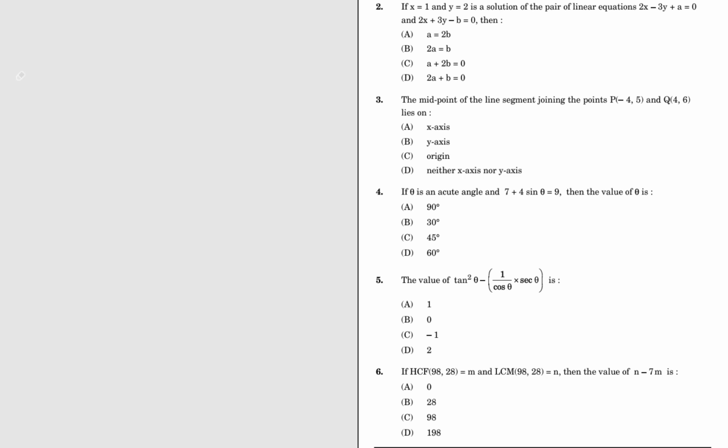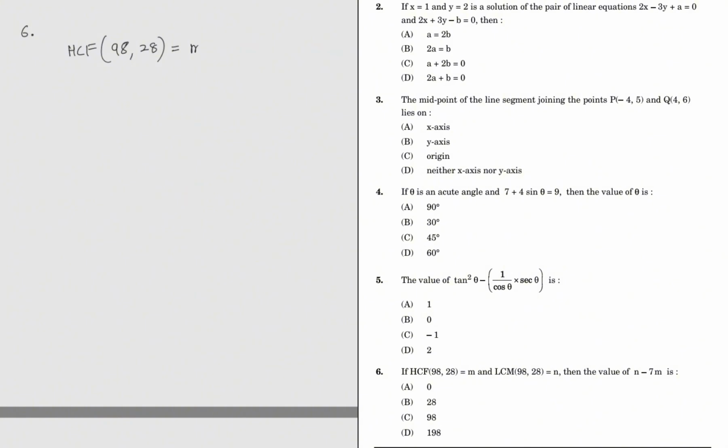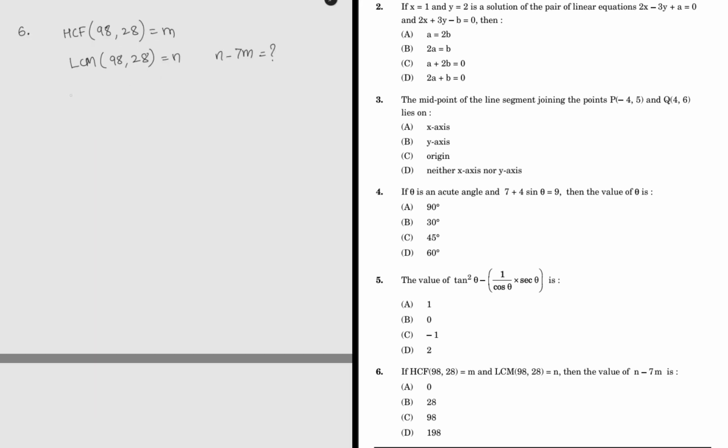Okay, now we will go to question number 6. If HCF of 98, 28 is equal to M and LCM of 98, 28 is equal to N, then the value of N minus 7M is, first we will find the HCF.